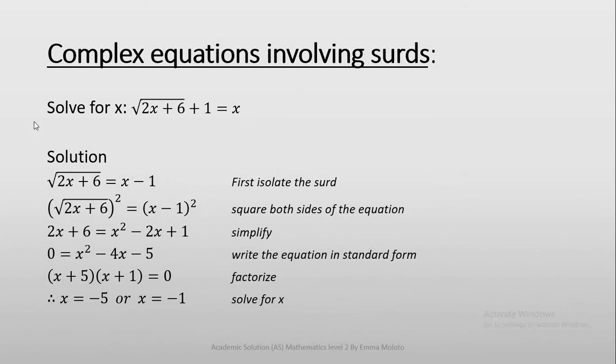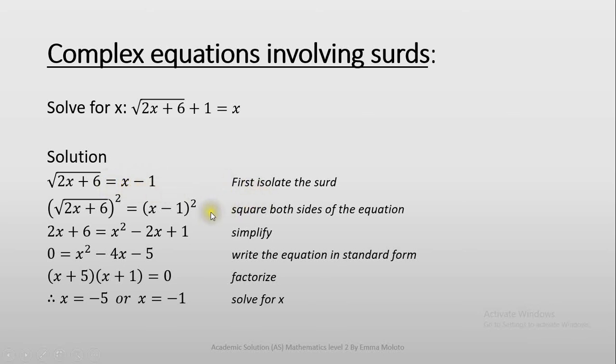Complex equations involving sets. Solve for x. We have an example there that says the square root of 2x plus 6, plus 1 is equal to x. Solutions. First, isolate the square root. So we took 1 to the other side, that's why we have x minus 1 here. So we isolated it.